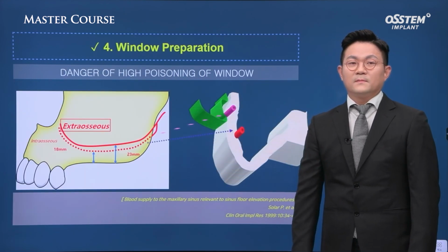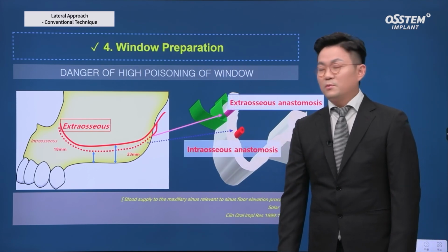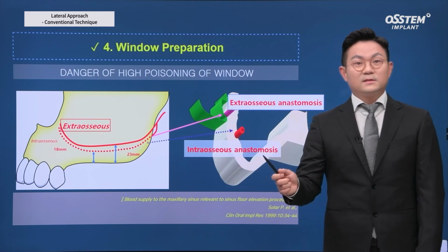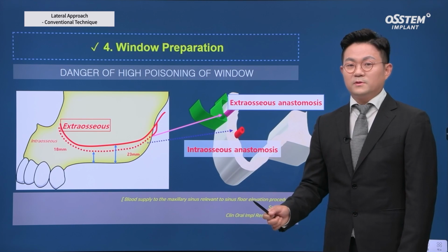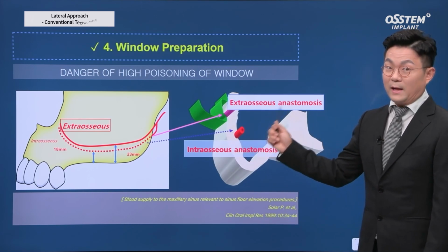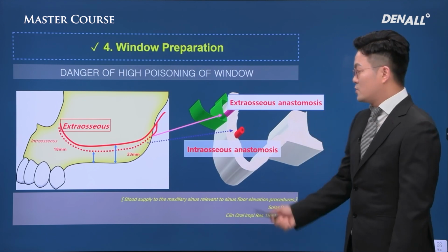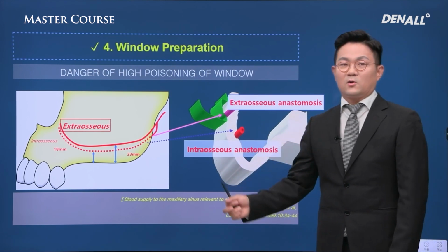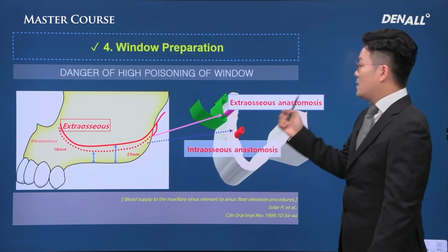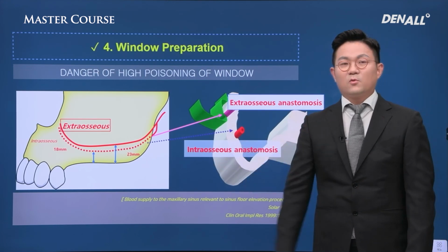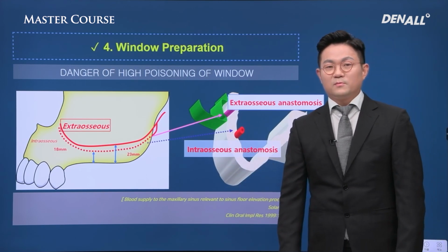But anyway, when you open the window, you also have to be cautious, as I talked about, of the distal extraosseous anastomosis and the inferior alveolar arteries; laceration is something to be cautious about. When you make the window here, going through the bone on the sinus and membrane side, there is an intraosseous branch. There could be a problem there.